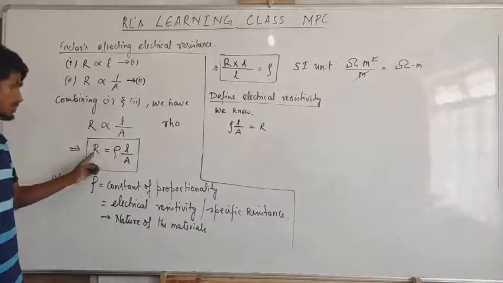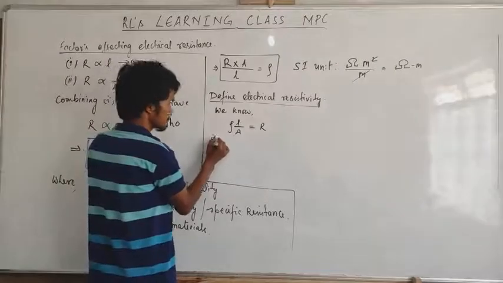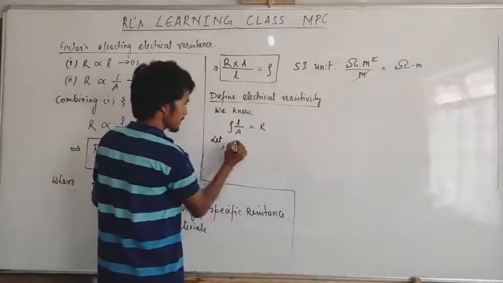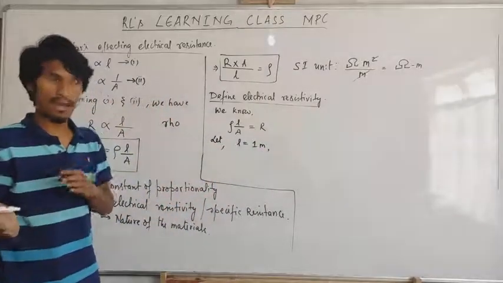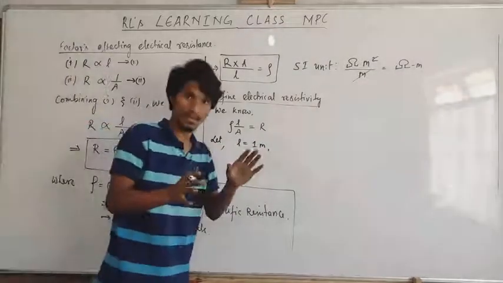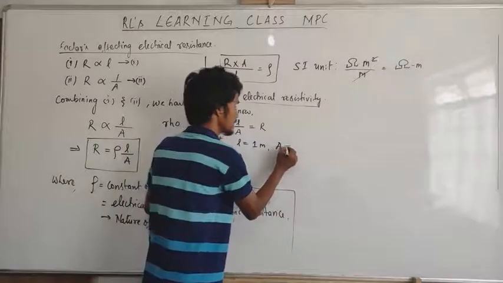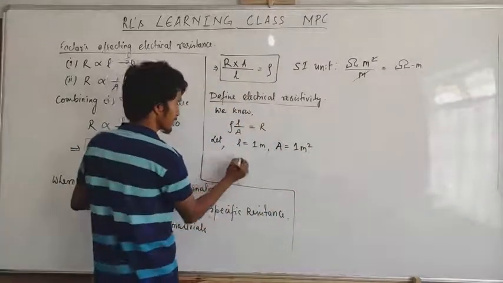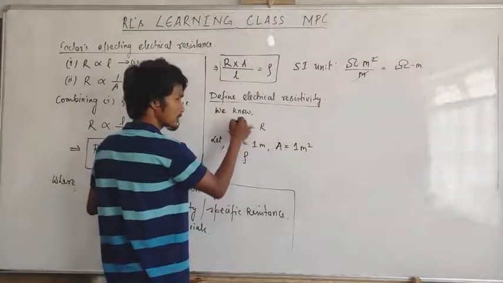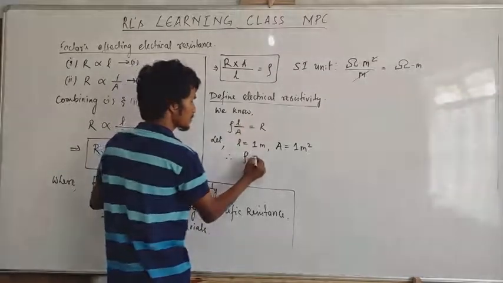Now let L be equal to 1 meter, because L is the length of the conductor, and length is always in meter. Then A is the area, let me take it as 1 meter square. Then here remaining 1 and here also 1, therefore rho is equal to R.